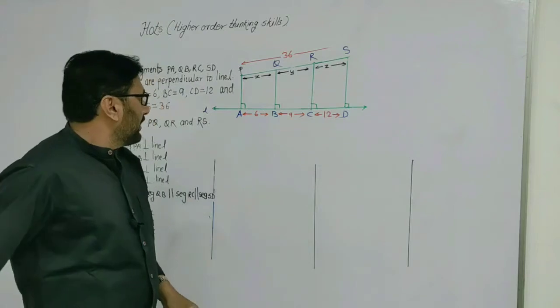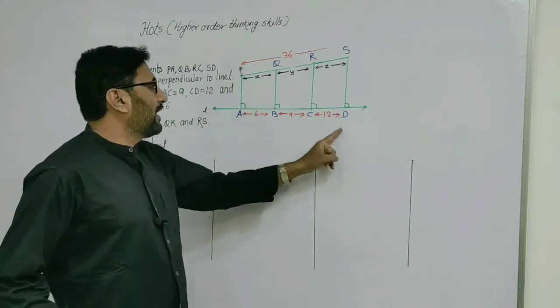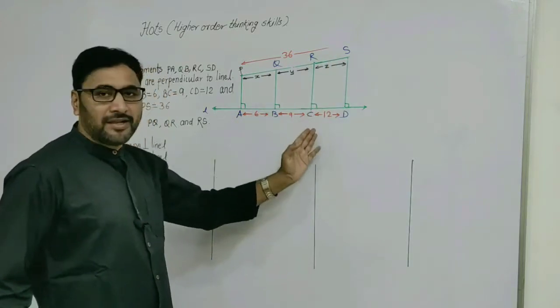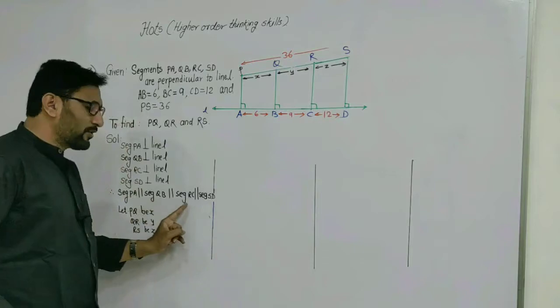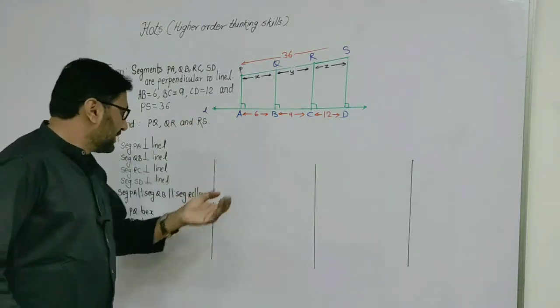See, if PA is perpendicular to L, QB perpendicular to line L, RC perpendicular to L, SD perpendicular to L, can we say all lines are parallel to each other? Yes, because all are perpendicular to same line.